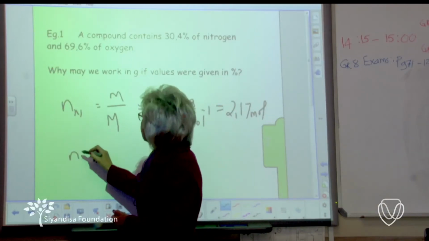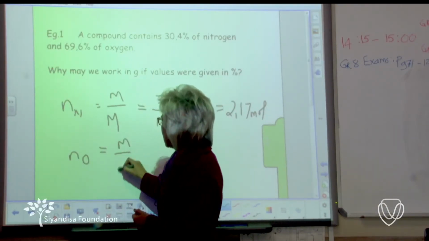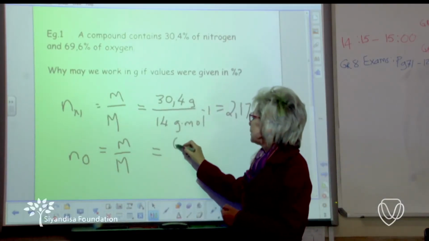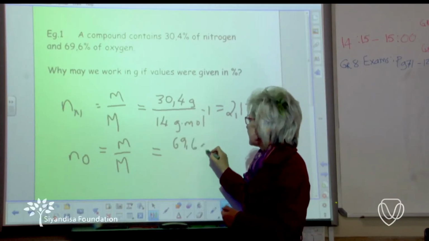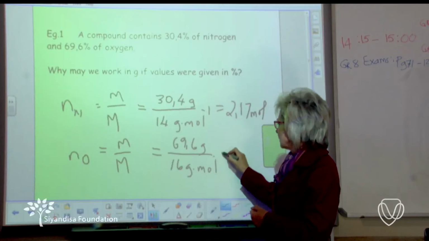Now, the same with the oxygen, amount of mole of oxygen, mass over molar mass, once more. Oxygen being diatomic, but we do not use the diatomic value, so it's only 16 gram in a mole.